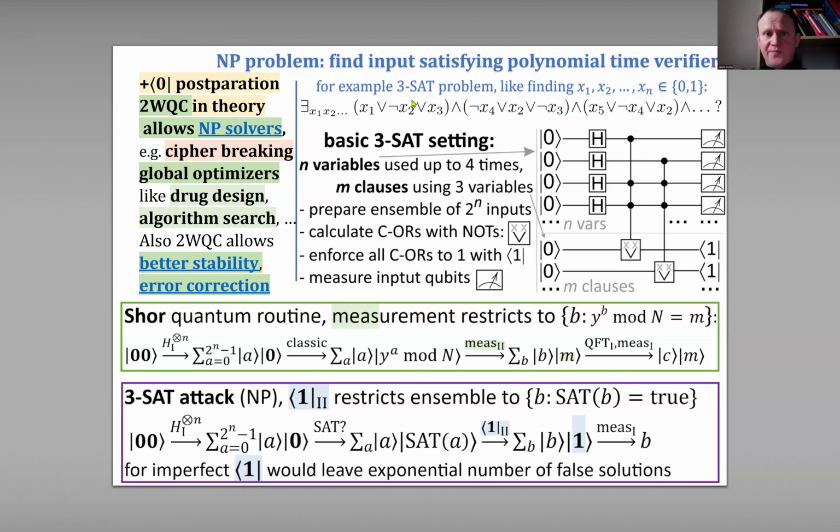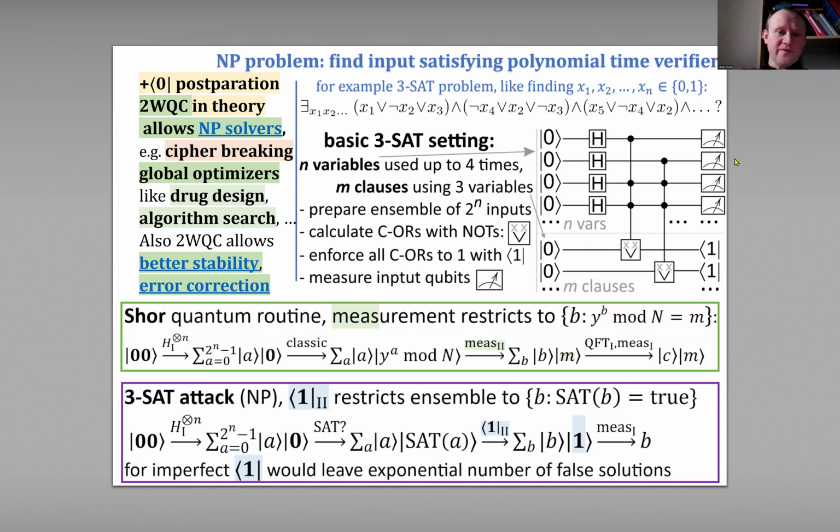We calculate this verifier, and now usually you would measure here, but in a two-way quantum computer, in theory, we can enforce it to values exactly like the preparation enforces the initial value. So now we'd like to enforce it to true, so all the alternatives have to be satisfied. This should restrict the ensemble to only states satisfying our NP problem. So just measuring it, we should solve our NP problem.